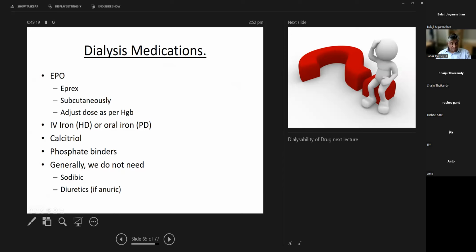Would giving diuretic affect, if the patient has residual renal function and we start them on dialysis, would giving diuretic affect their residual renal function in any manner? Yeah, so there have been quite nice studies where they've used diuretics and collected 24-hour urines. And what they show is that you might affect the volume, but in terms of creatinine clearance, you're probably not affecting the removal of urea or creatinine.